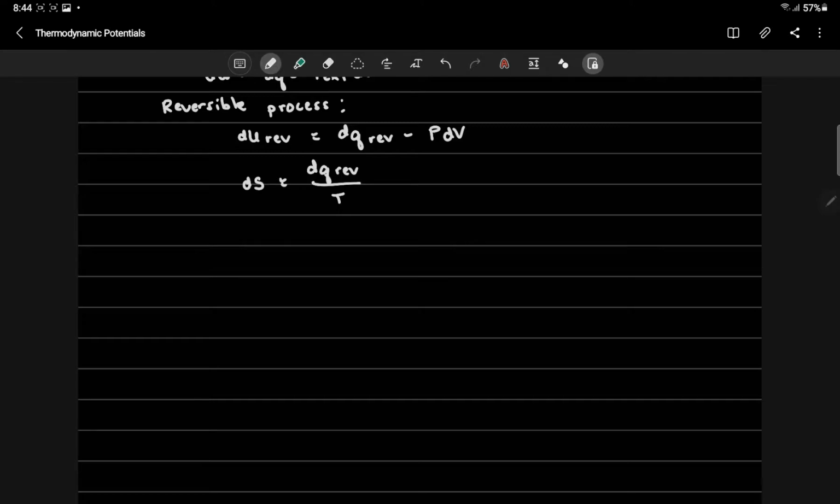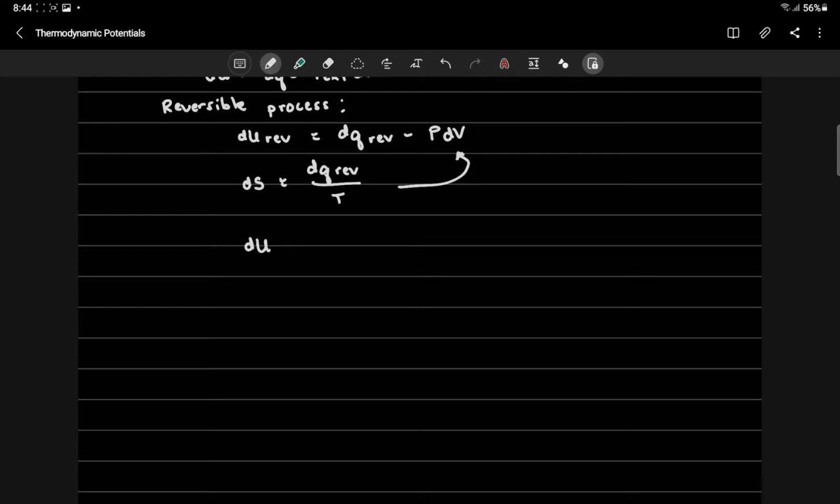So, ibig sabihin, itong expression na to, pwede nating i-combine dito sa previous equation. So, let's do that. Yung dU rev natin, magiging dU pa rin siya. Remember, internal energy is a state function, right? So, whether it's reversible or irreversible, wala tayong problema.